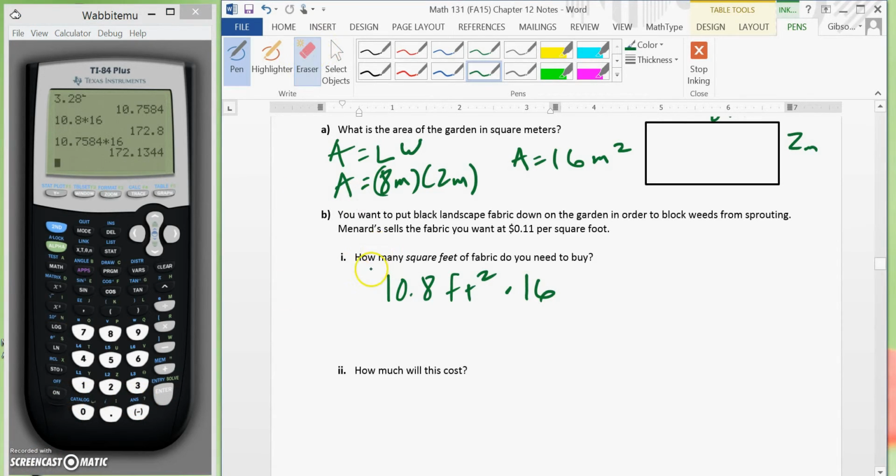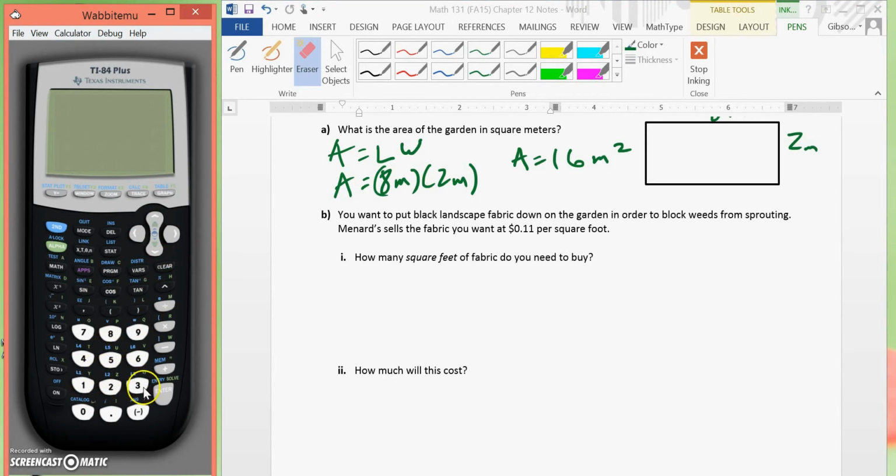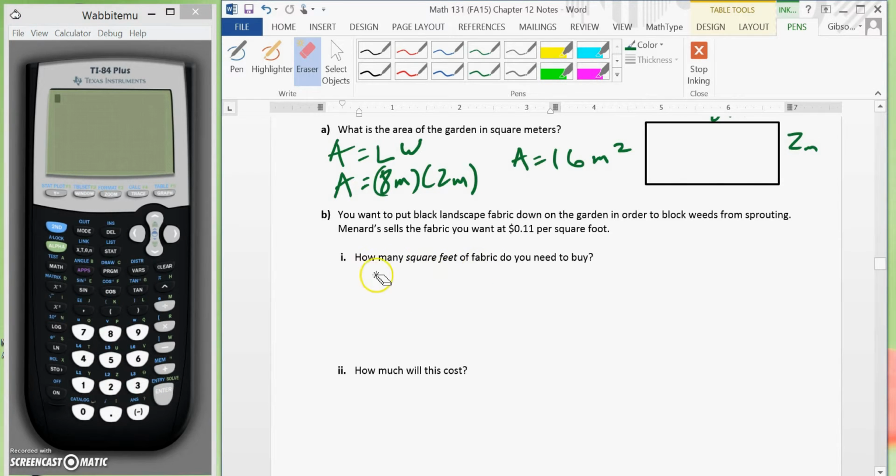Okay, class, I want to change something here for this problem. Since we are utilizing a calculator, why don't we do this first? First of all, we know we would have to take the 16 square meters and change that to square feet. So 1 square meter is equal to 3.28 feet squared.